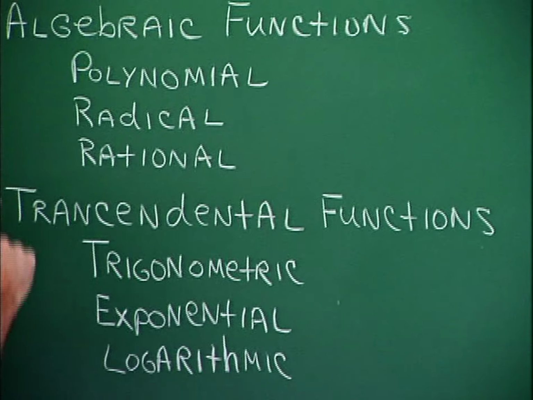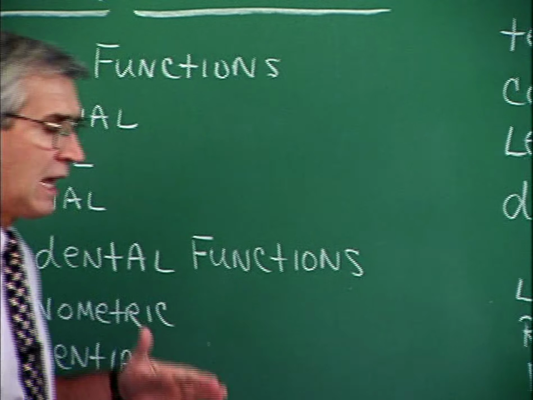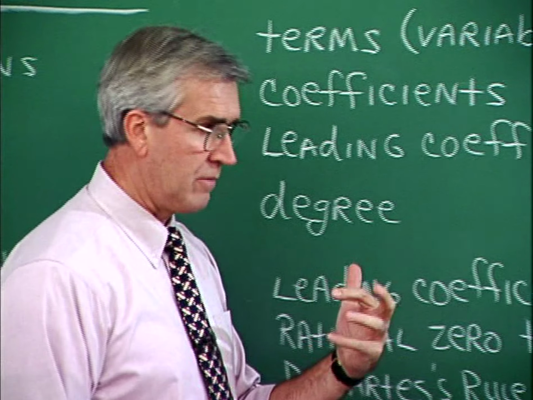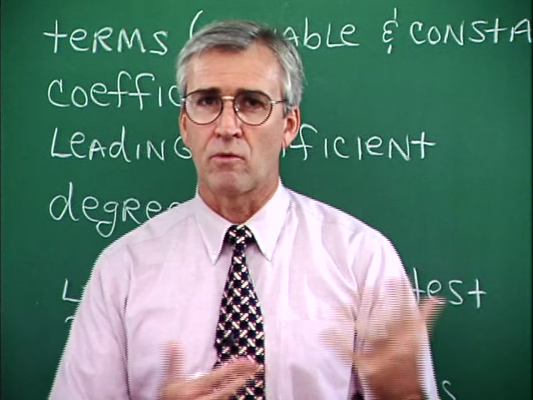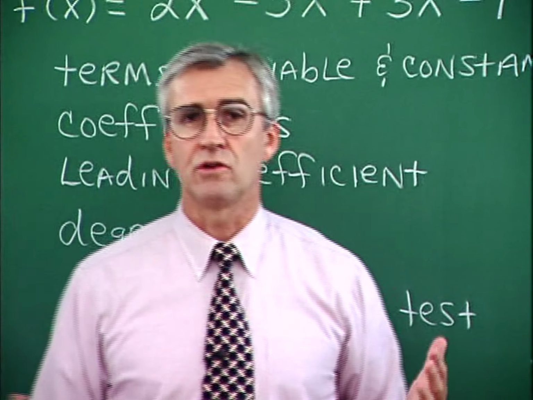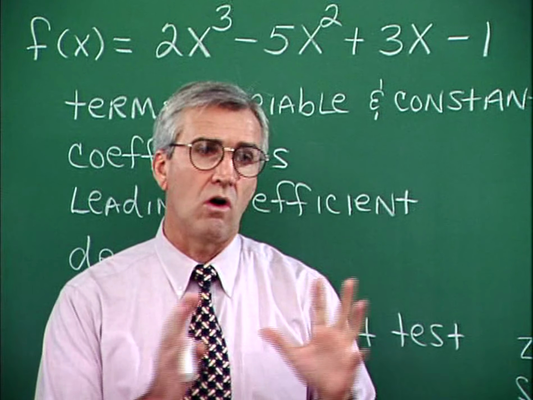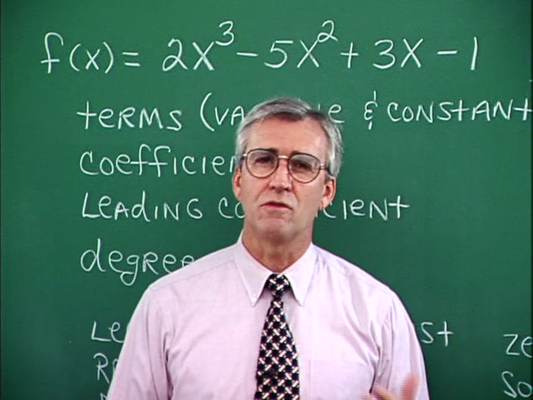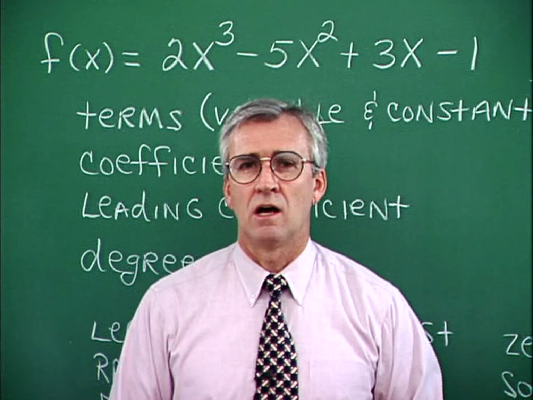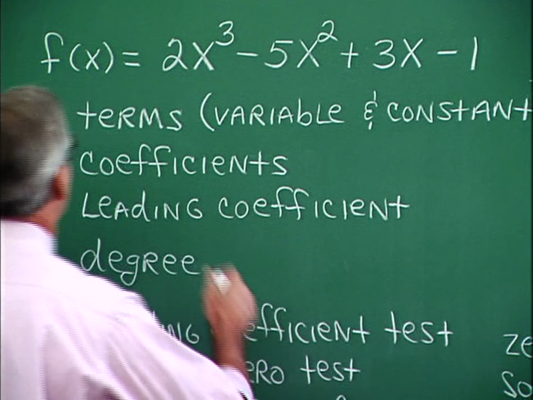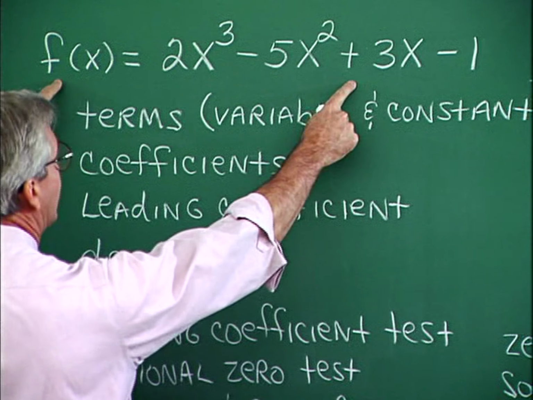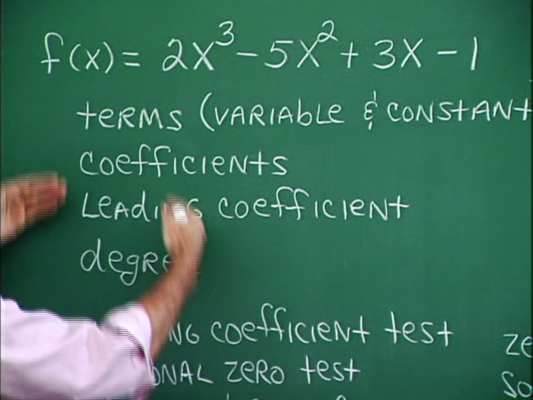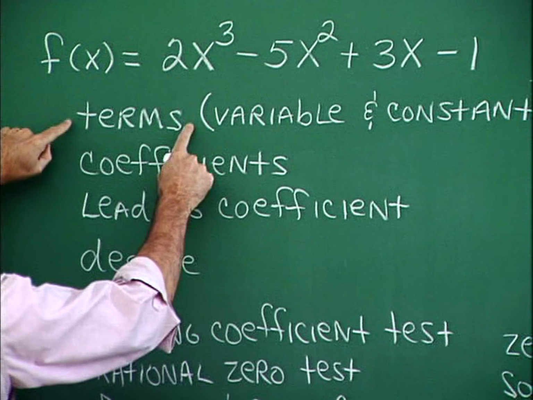All right, let's talk a little about the polynomial functions, and I'm just going to blast through some terminology here just as a memory refresher. Don't expect you to understand all of this or to recall all of the details here, but I want you to know where you've been, because you've had a lot of exposure to this material. In polynomial functions, and here's an example of a polynomial function, we talked about these words of terminology.